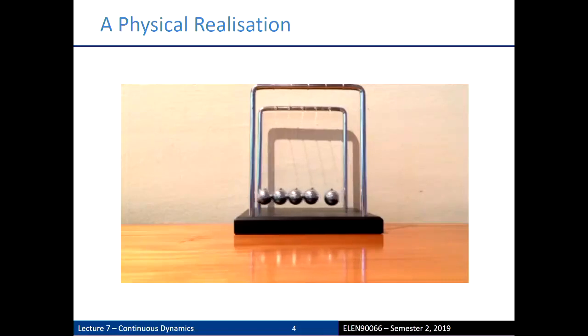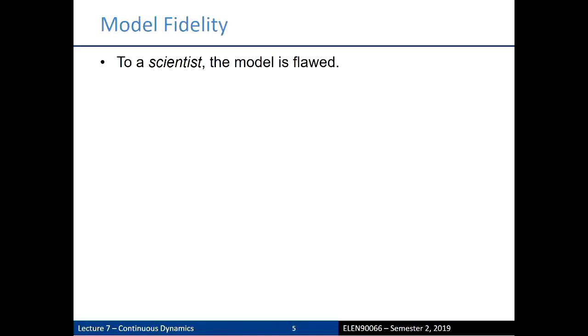It was cheap, come on. It's actually really underwhelming to have to keep pulling that ball and letting it go every time. So, oh, there you go, you get to watch it again. Right, so model, physical realisation. Now to a scientist, scientists would tell me the model is flawed. The model is flawed, right? There must be friction and all sorts of stuff in there. To engineers, the realisation is what's flawed.